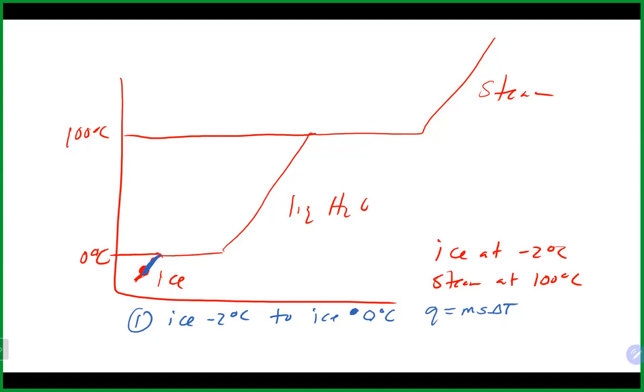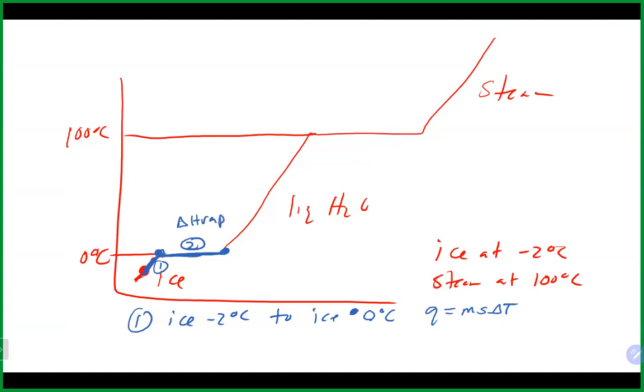The next thing that would happen is, now that we're at 0 degrees Celsius, this is where the phase change occurs. And that happens at the exact same temperature, as you can see by the flat line, right? The temperature is not changing, but the state is changing. That is where we would incorporate our delta H of fusion.